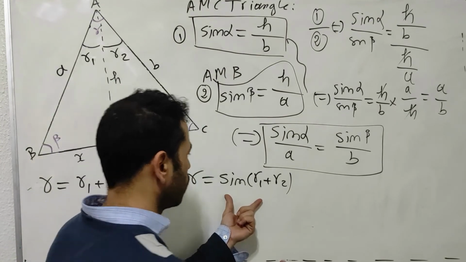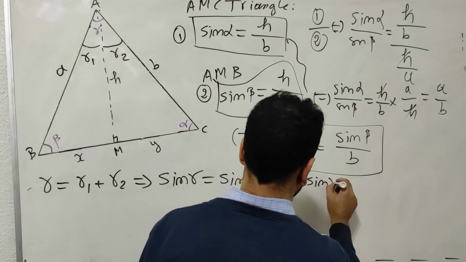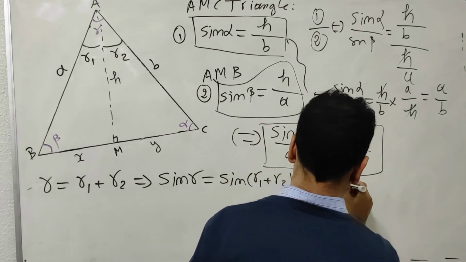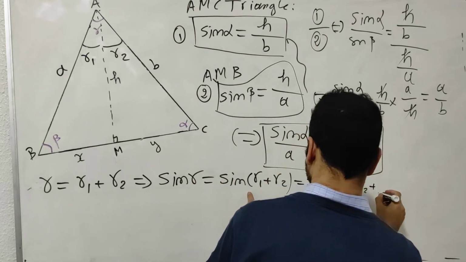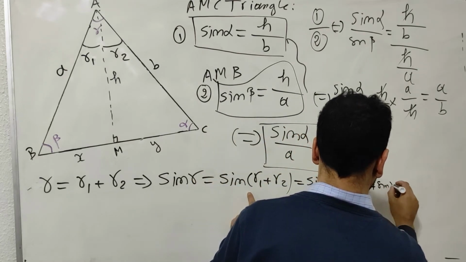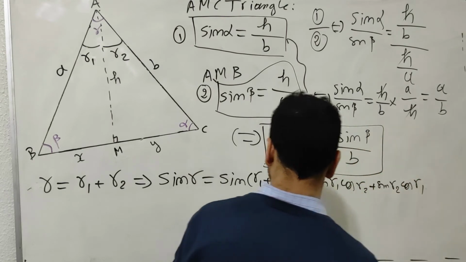Regarding the trigonometry formula, I'm going to distribute this. This gives us sine gamma 1 multiplied by cosine gamma 2 plus sine gamma 2 multiplied by cosine gamma 1.